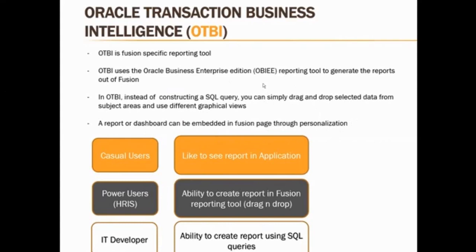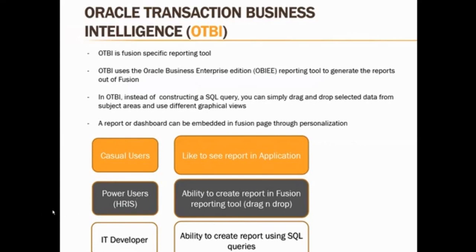Now in OTBI, or any reporting application, we can think of three kinds of users. Basically, the casual users, who will just like to see a report in the application, can be an employee, or maybe a financial director who sometimes sees the data. And a power user, an HRIS analyst or a financial analyst.